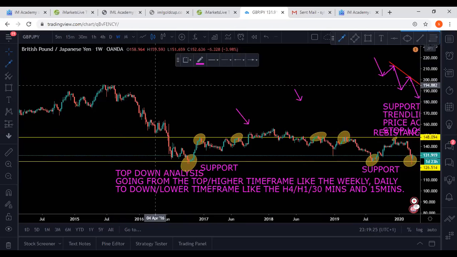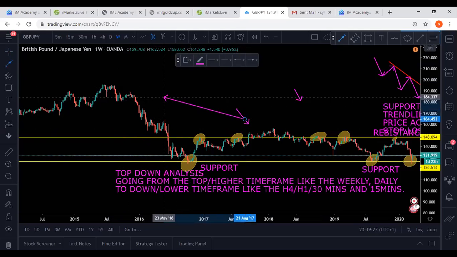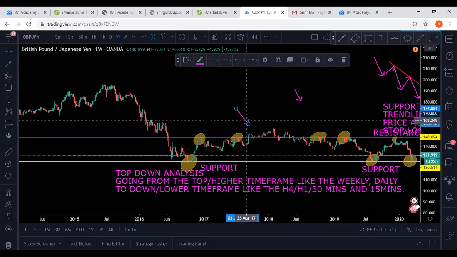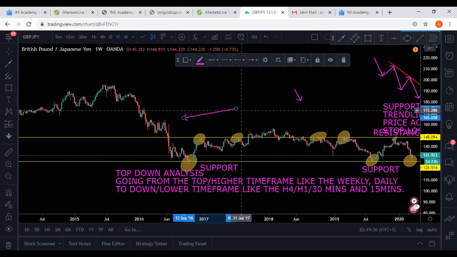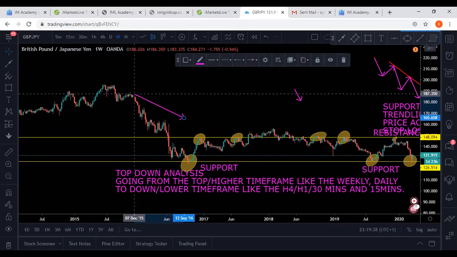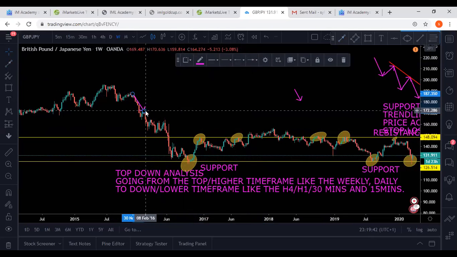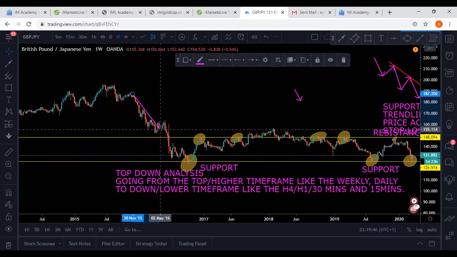Can you guys see this stuff? Let me use this arrow. Can you guys see this downtrend right here?